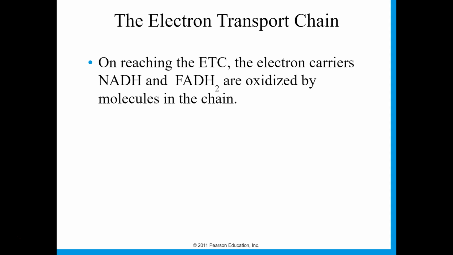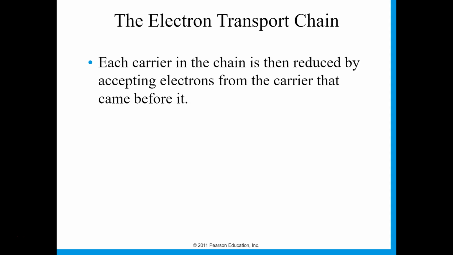And if you remember OIL RIG from a few lectures ago, oxidation is loss. Oxidation is loss of electrons. So NADH and FADH2 are getting their electrons taken away and becoming NAD+ and FAD again. The passengers are getting out of the taxi at the electron transport chain. Those electrons are getting dropped off.